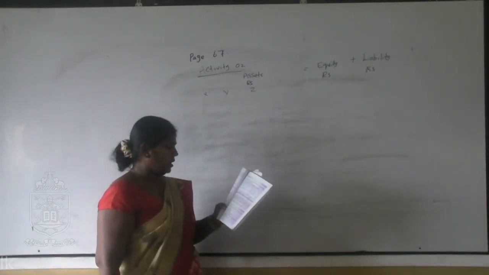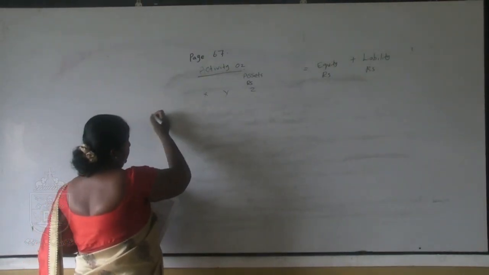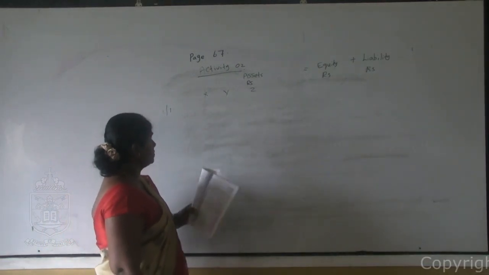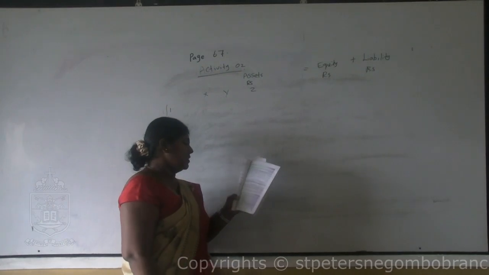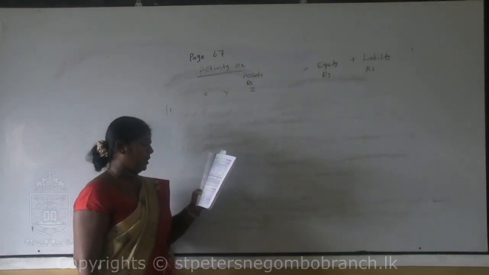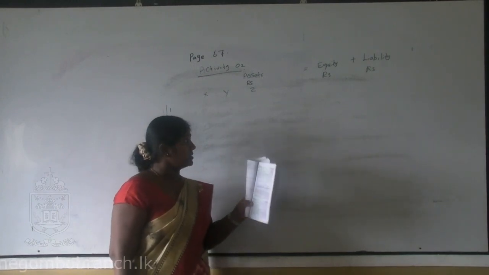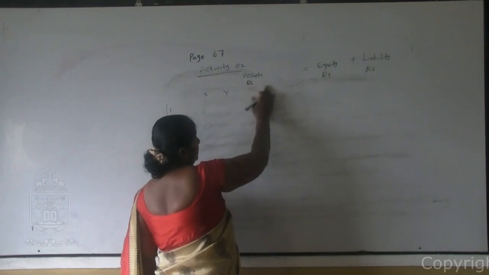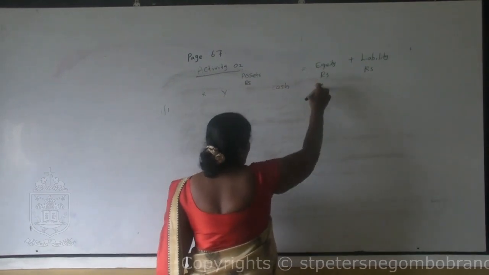It started from 1st of January. So you can write here the date, 1st of January. First transaction: invested 300,000 rupees as capital. Invested 300,000 rupees as capital means cash assets increase and equity increases.